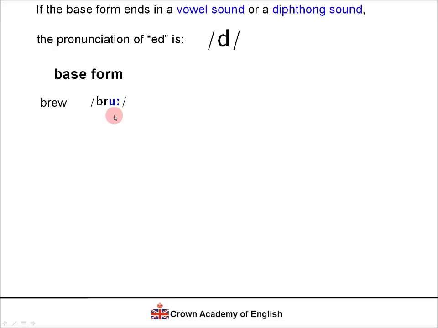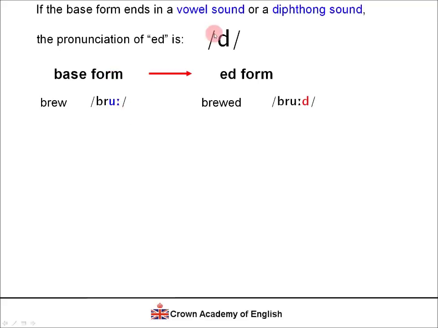It ends in a vowel sound. Therefore, the pronunciation of the ED form will end in d. Brewed. Brewed. So you can see the last sound in the ED form is this. Brewed.